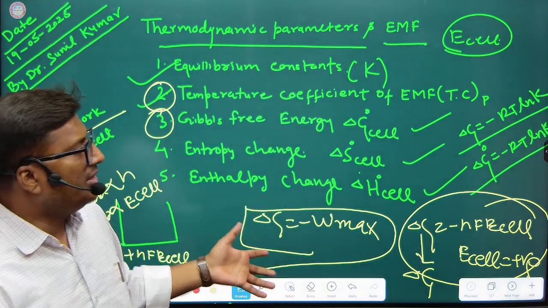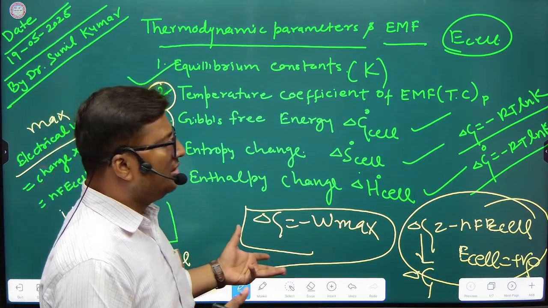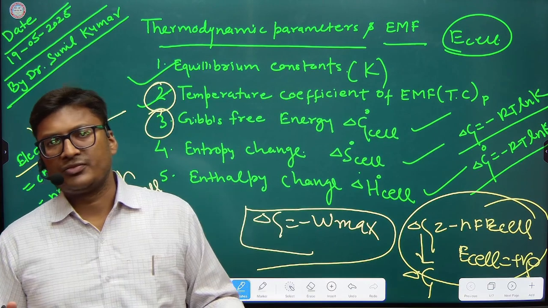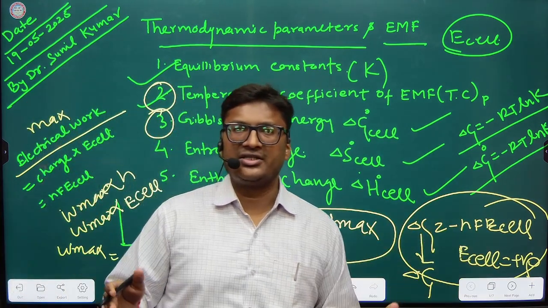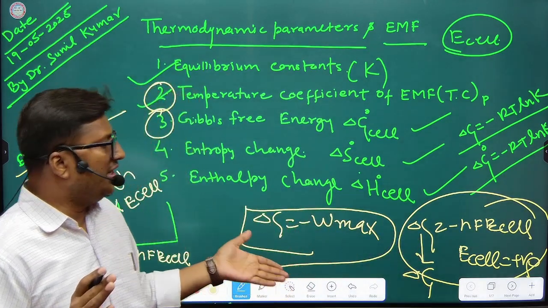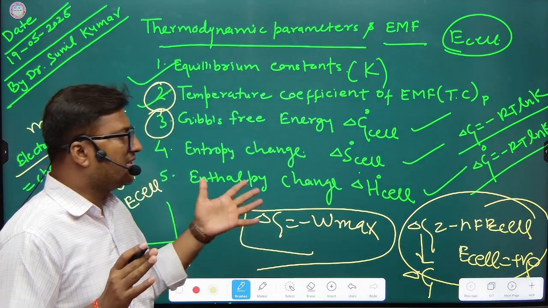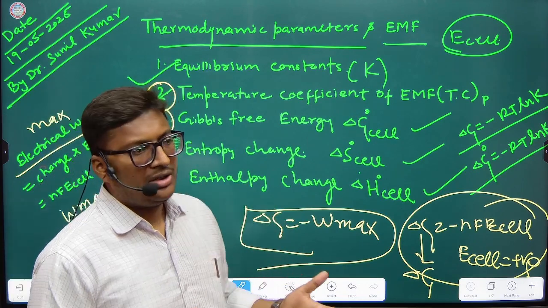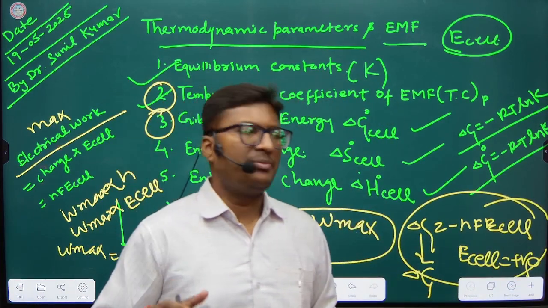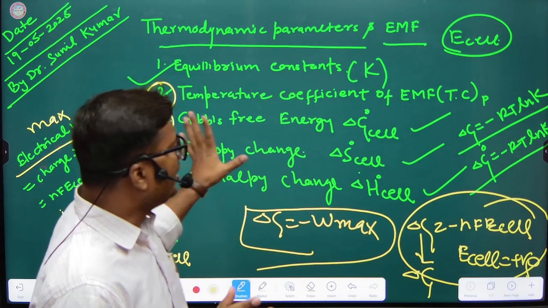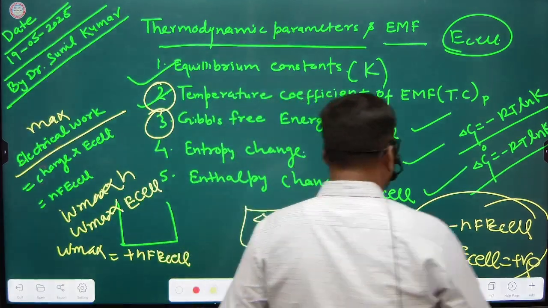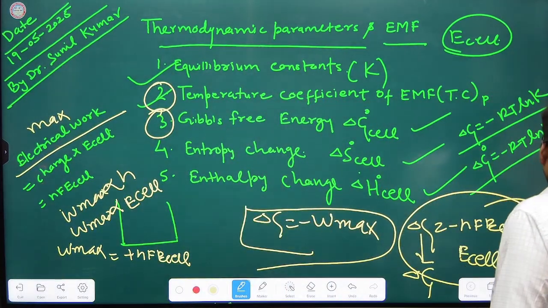And if delta G is positive, then it will proceed in the reverse direction, or it is a non-spontaneous reaction. So the change in Gibbs free energy gives us an idea about the direction of the redox or electrochemical reaction in a particular galvanic cell. So this is what delta G stands for.